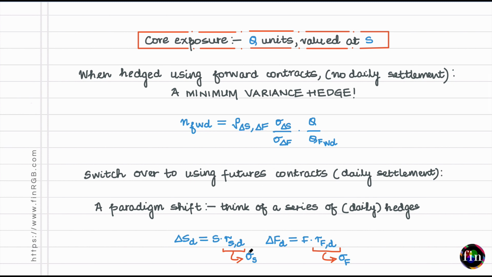Now, if you were to stick with the same objective function, that means minimizing the variance of the P&L, but this time minimizing it over the time span of a single day, the new formula you arrive at for the number of contracts required is very similar to the formula we arrived at in this very simple case.